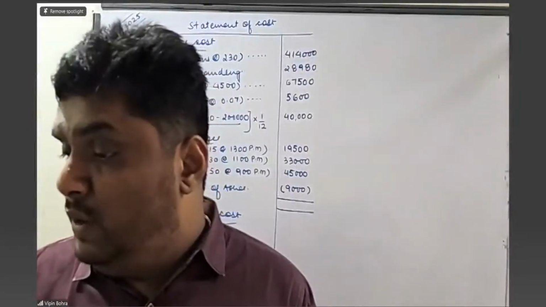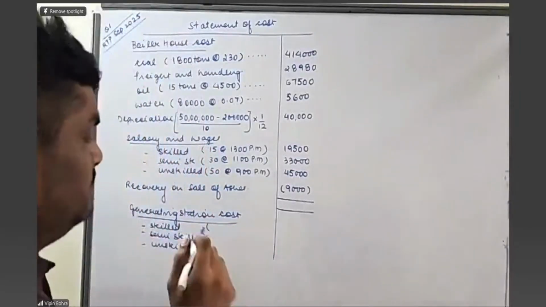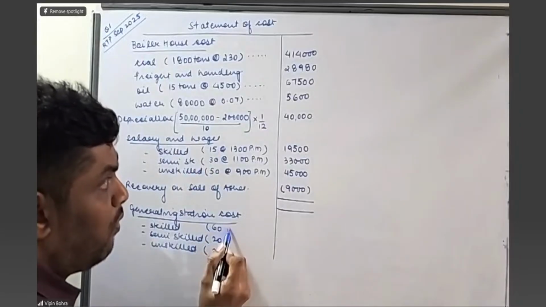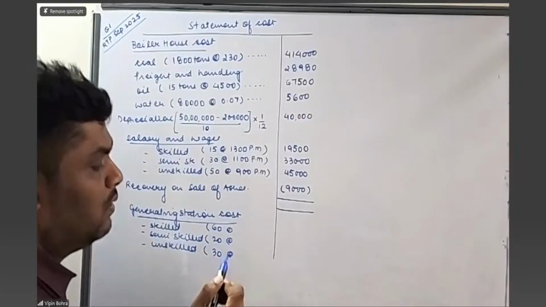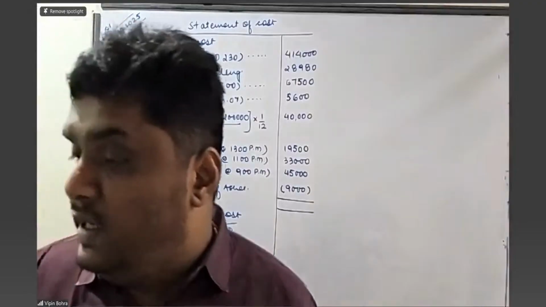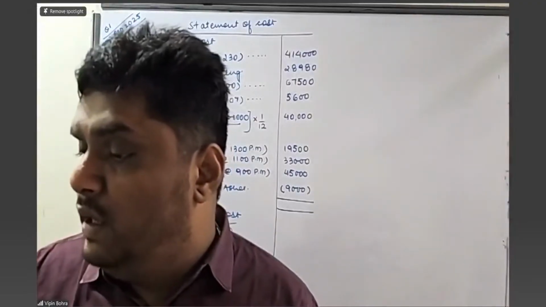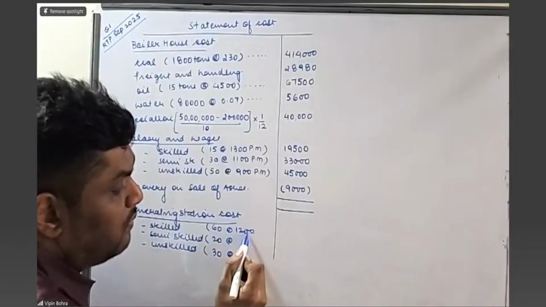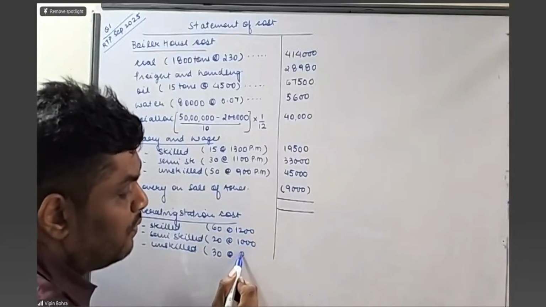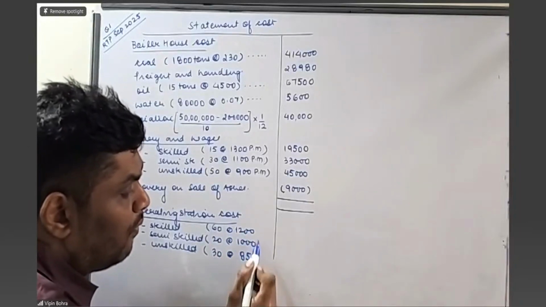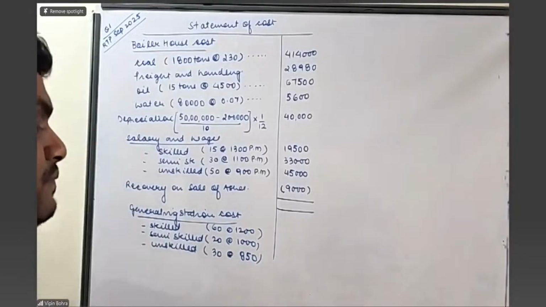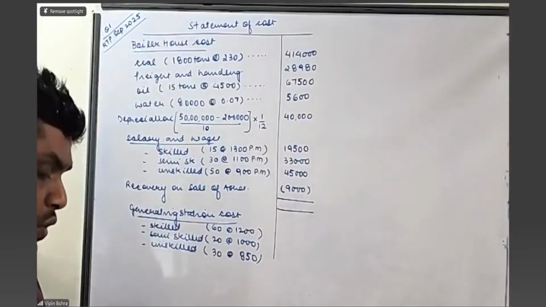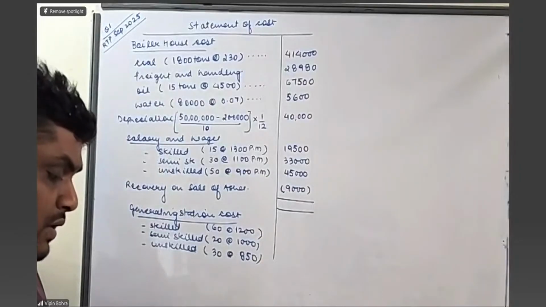That is 60, 20 and 30. And the rate is given 1200, 1000 and 850. So 60 into 1200, it is 72,000.